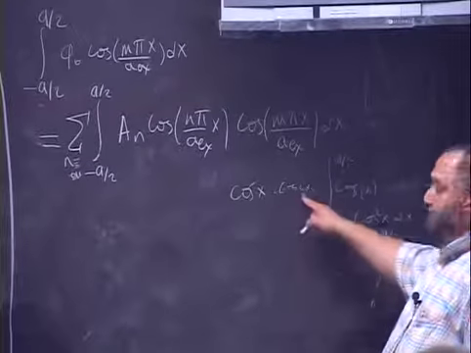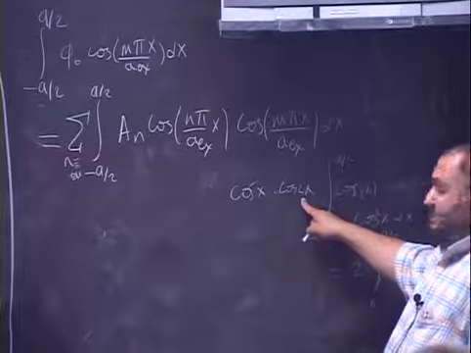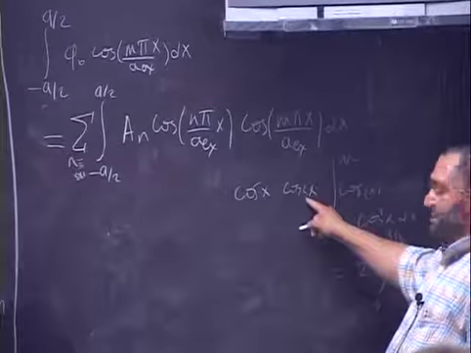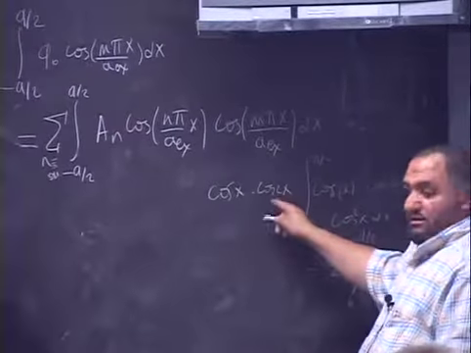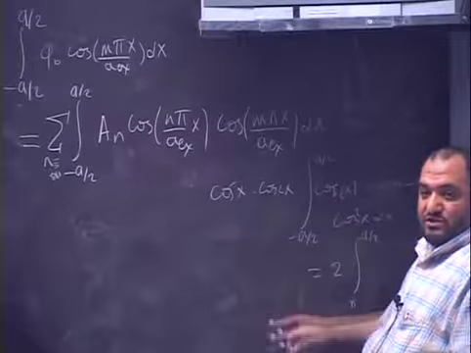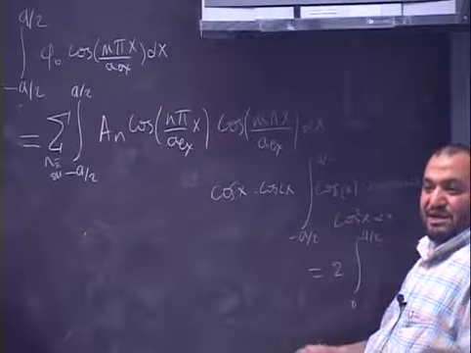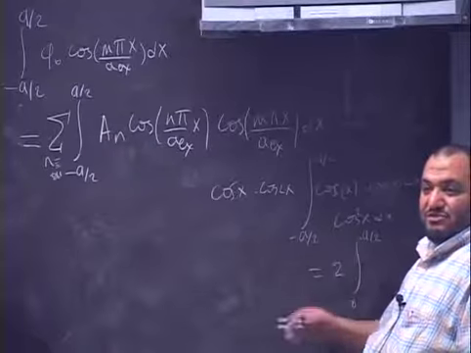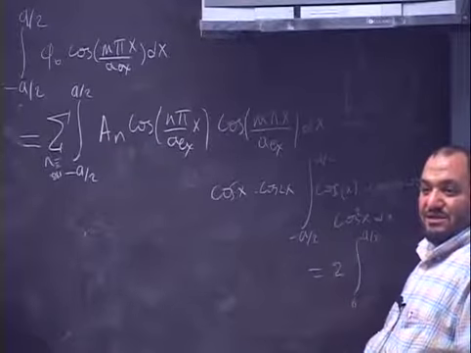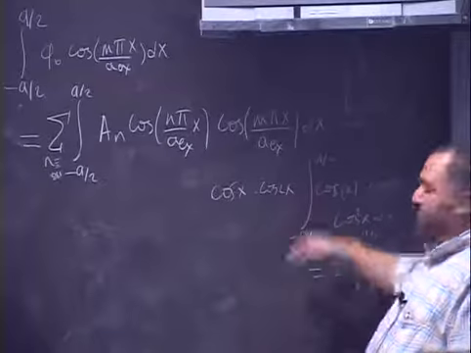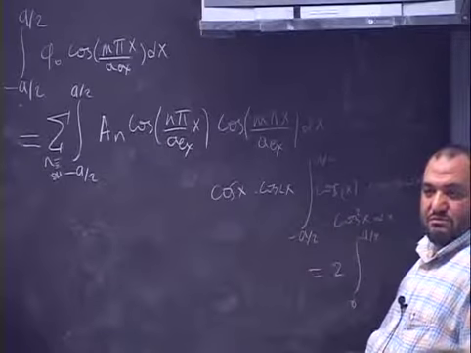So what you want to do is to make the trigonometric decomposition for cosine 2x. So cosine 2x is cosine of x plus x, and cosine of x plus x is what? Cosine cosine minus sine sine. Then you will evaluate this over the period. You will notice that this will give you 0.